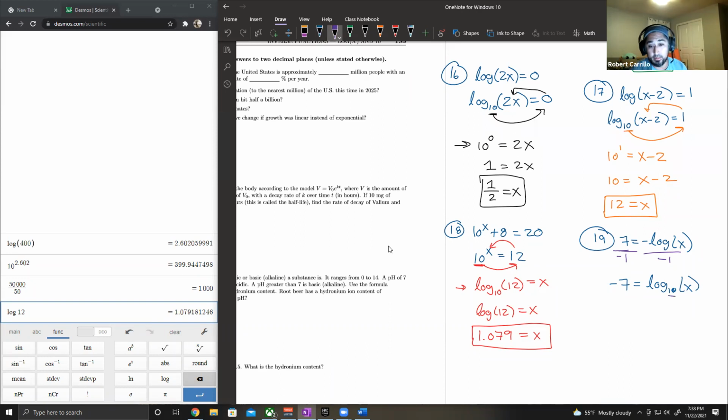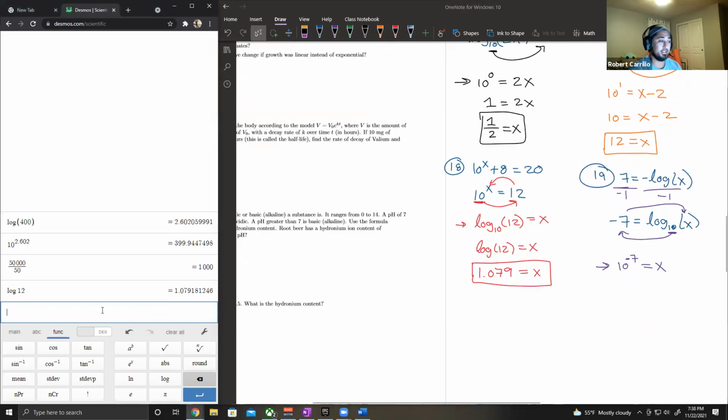You'll get base 10 raised to the -7, set equal to the inside of your log, which is x. Now 10 to the -7, that's a lot of zeros. You get 1 times 10 to the -7. So actually, we can leave our answer just like this.